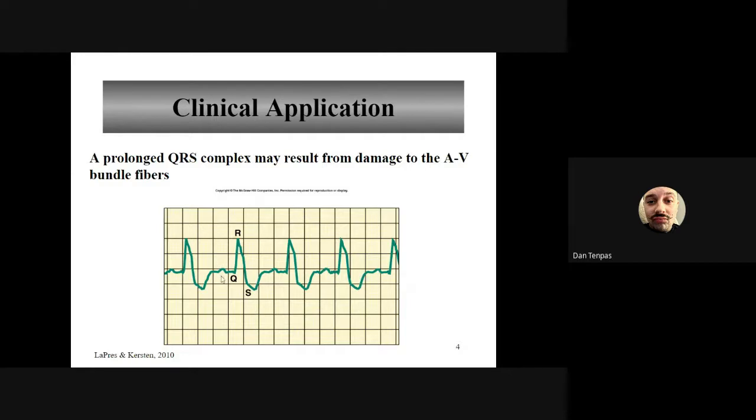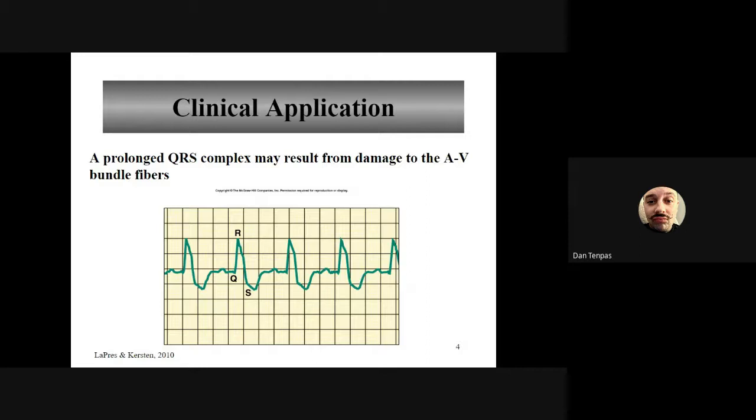So here we have a P wave, and here we have a QRS complex. Timing wise, that should be between about 0.12 to 0.2 seconds, between the start of the P wave and the start of the QRS complex. If we're outside of that range, it could mean that somebody has an arrhythmia.